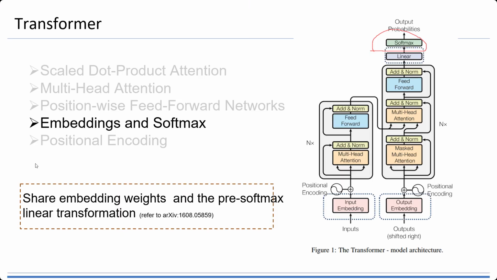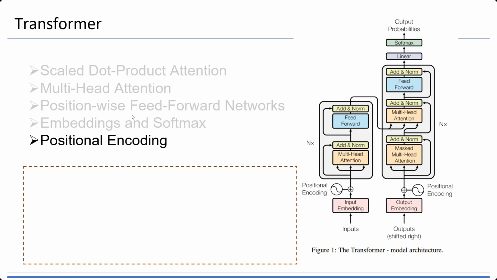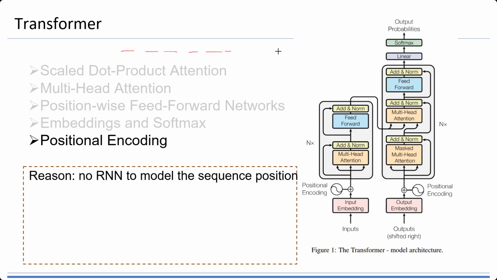Okay, and positional encoding. The positional encoding is one of the new works, especially when we have a long sentence. If the sentence is too long, we need to focus on some of the words.